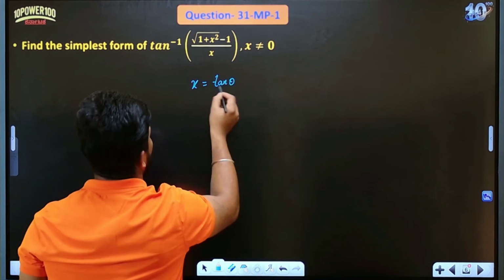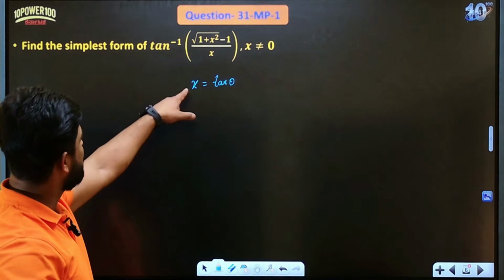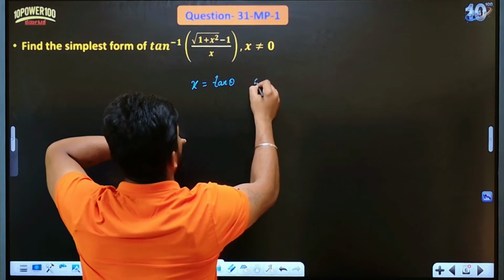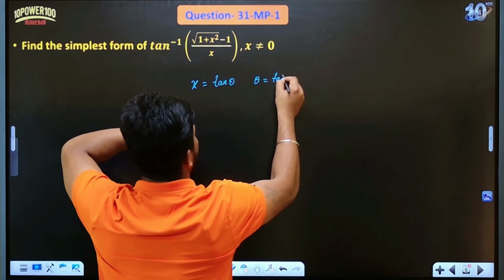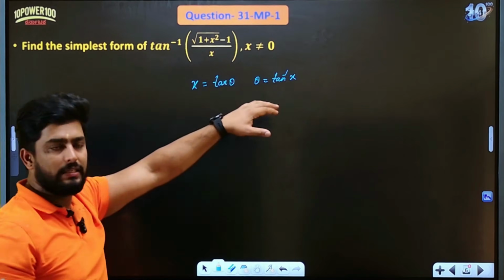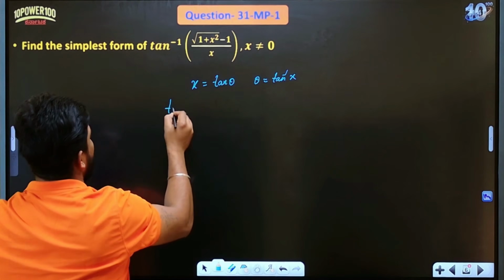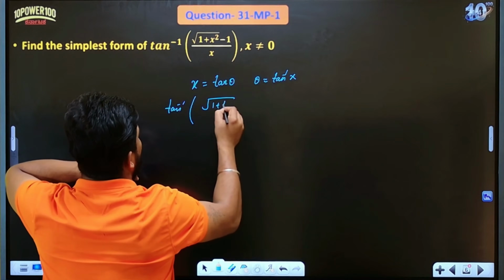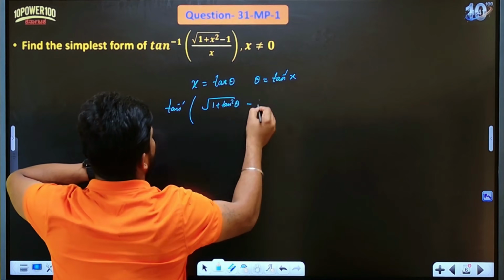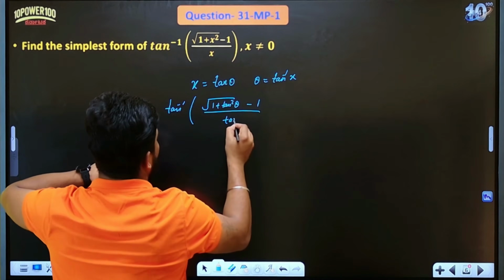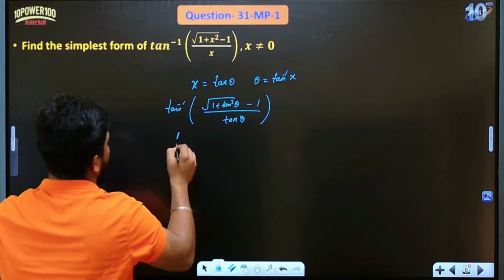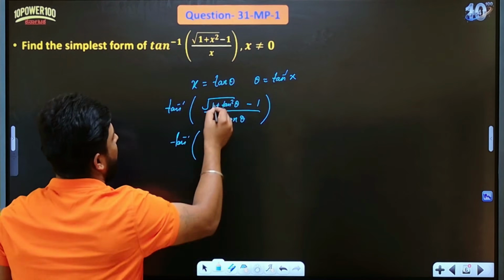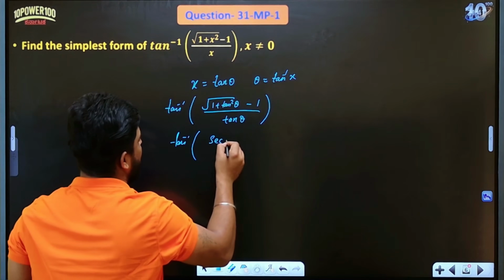Okay, so the minute you write x is equal to tan theta, theta is equal to tan inverse x right in the beginning itself. Now substitute. So tan inverse of root of 1 plus tan square theta minus 1 divided by tan theta. Root of this one is secant theta, kids.